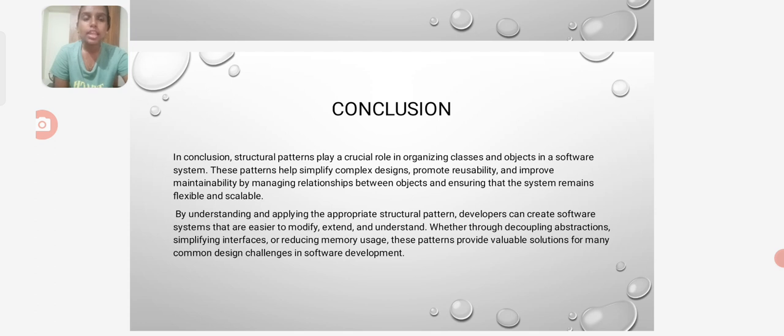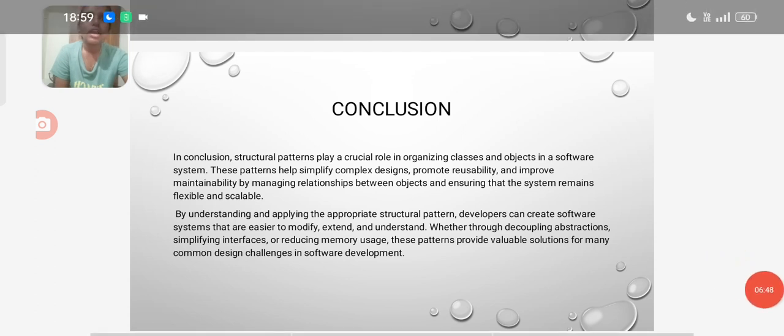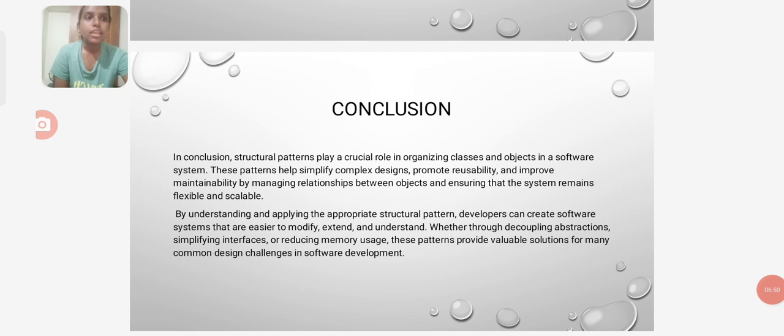By understanding and applying the appropriate structural pattern, developers can create software systems that are easier to modify, extend, and understand, whether through decoupling, abstraction, simplifying interfaces, or reducing memory usage. These patterns provide valuable solutions for many common design challenges in software development.